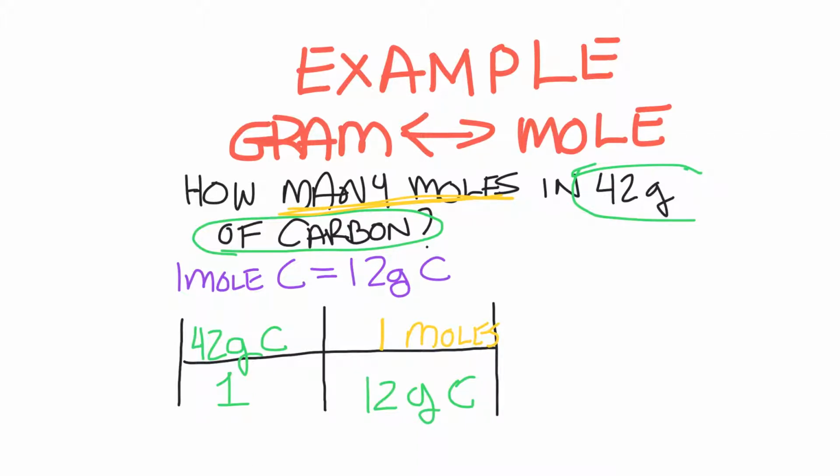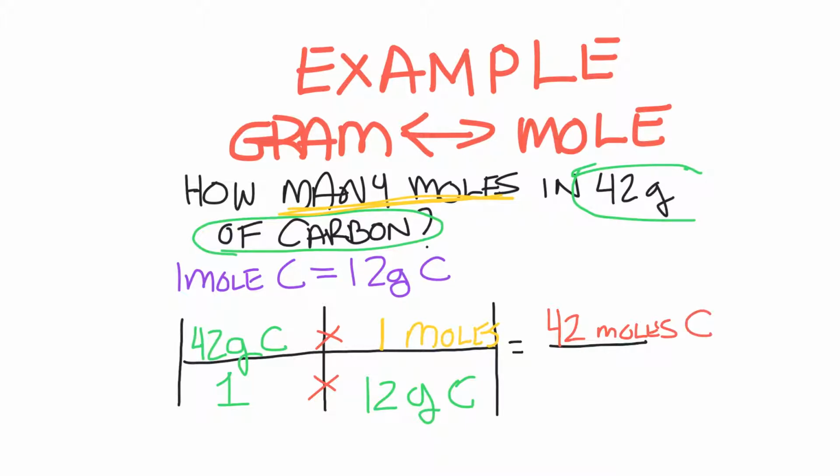All right. Now, it's just a math problem. So remember, we multiply everything on the top, we multiply everything on the bottom, and at the end of the day, the top gets divided by the bottom. So we have 42 times 1, so we're going to say that that's 42 moles of carbon.